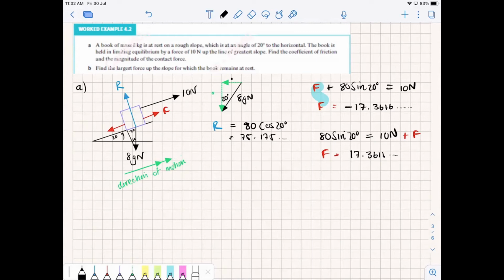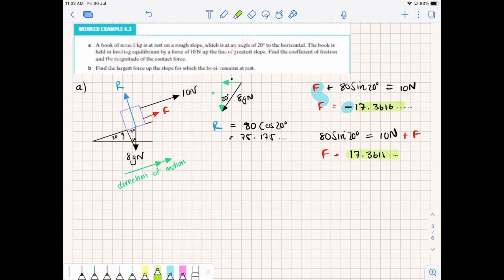So again, remembering that a minus sign doesn't always mean you've done something wrong. It just means you might have made an incorrect assumption. Right? If you're assuming the force must be positive and it's negative, well, it's just acting in the opposite direction to the direction that you assumed. So if you do make the wrong assumption, that doesn't mean you're going to get the answer wrong. But notice that the magnitude of both of these forces is exactly the same.